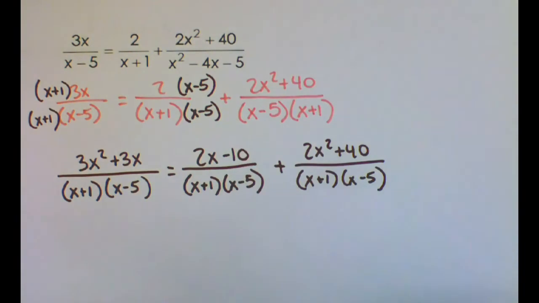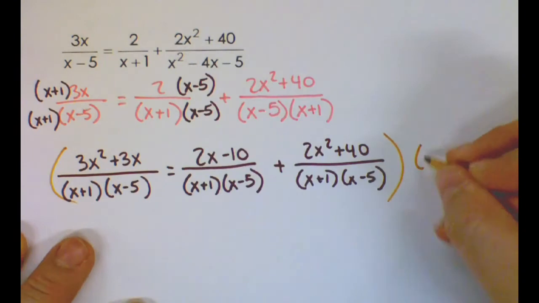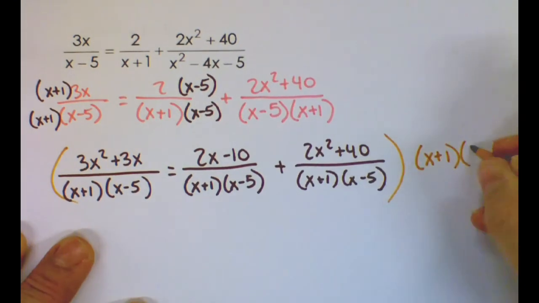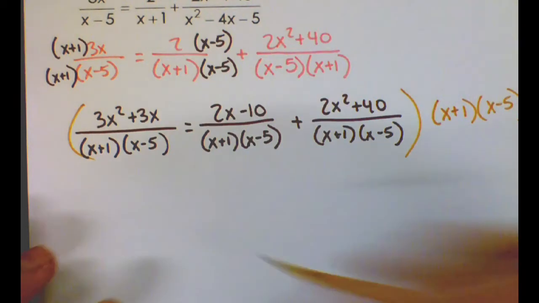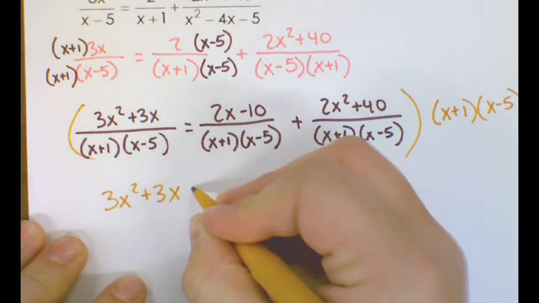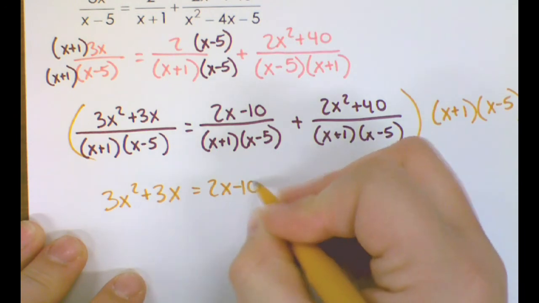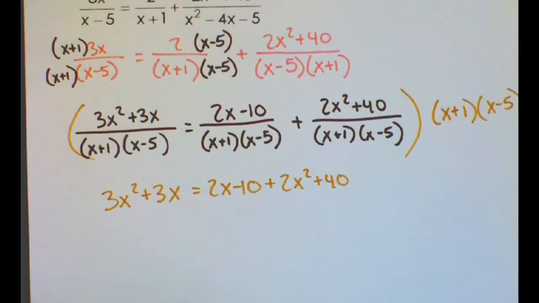Now we get to do that same step we just did a second ago. We multiply everything by the denominator. Now you can skip writing this step out because once everything has the same denominator, you can essentially just ignore it. That's essentially what we're doing. That denominator is important in a moment, but not for another moment.